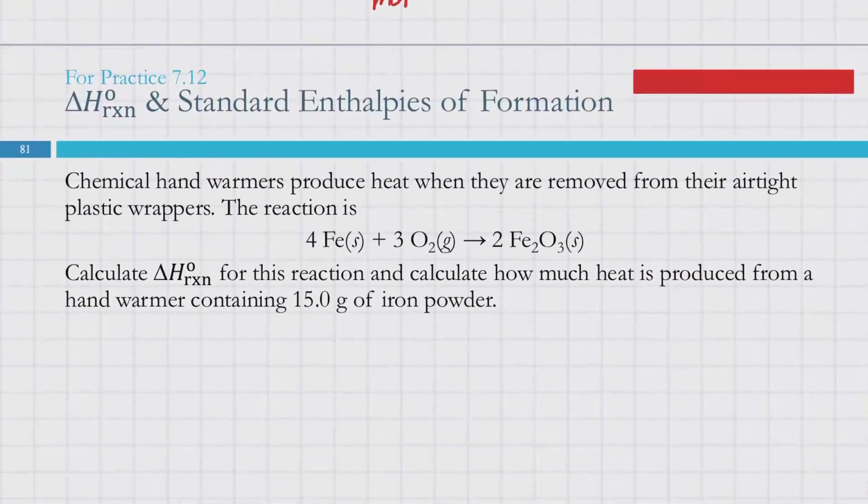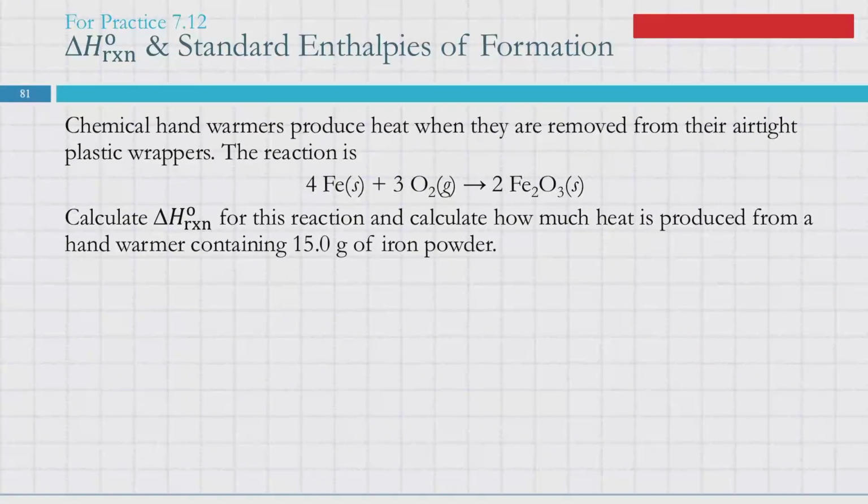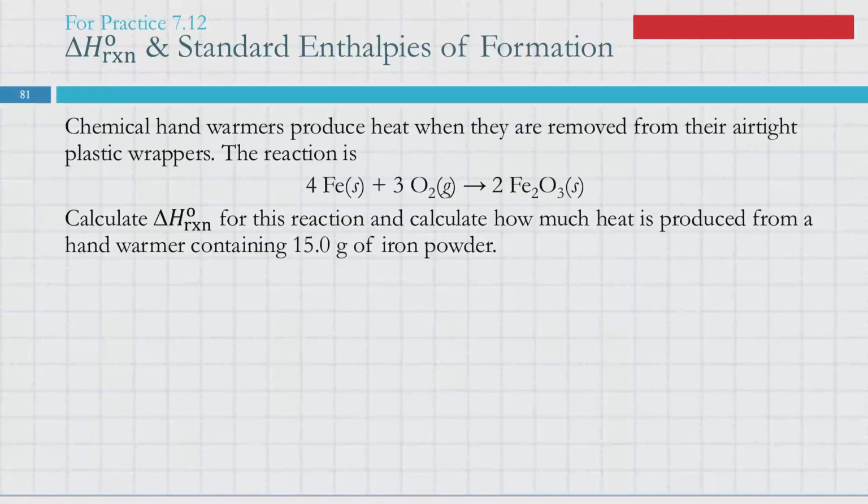All right, and then one for you to try. This is also using the Fe2O3, and we're also adding another step. So we're starting with 15 grams of iron powder. I'll write down the delta H value for us.